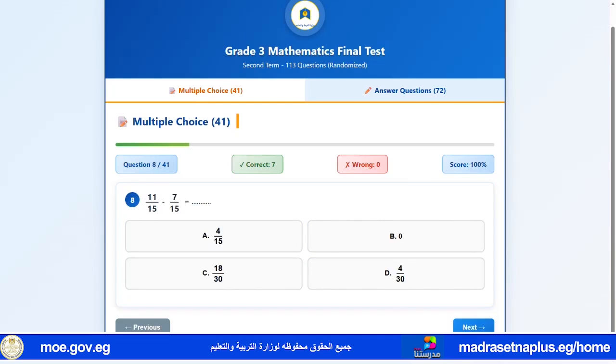Next one, 11/15 minus 7/15. Okay, in this case, don't touch the denominator. Don't touch it. So just subtract what? Subtract the numerators. That means 11 minus 7 equals 4.